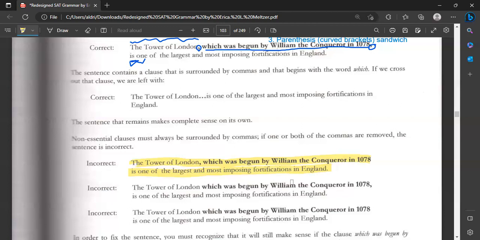So you said the first part has been set off, the second part hasn't been. It's not being sandwiched. We have the Tower of London, comma, which was begun by William the Conqueror in 1078, is one of the largest. So now it just becomes like a run-on: which was begun by William the Conqueror in 1078, is one of the largest and most imposing fortifications in England. That sounds like an exhausting sentence.